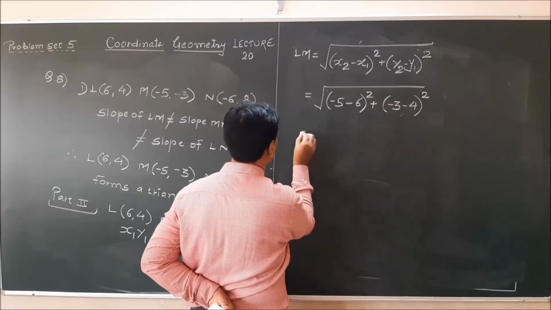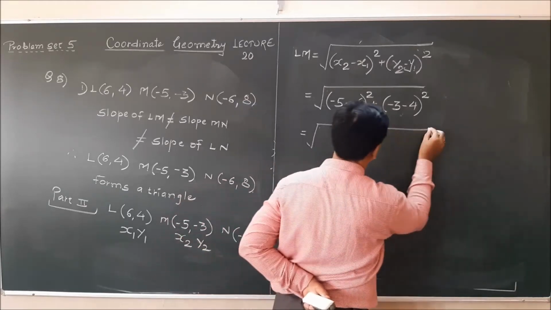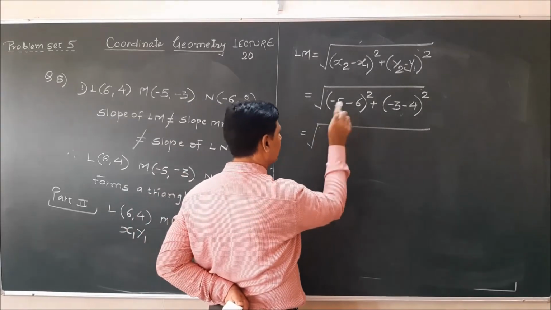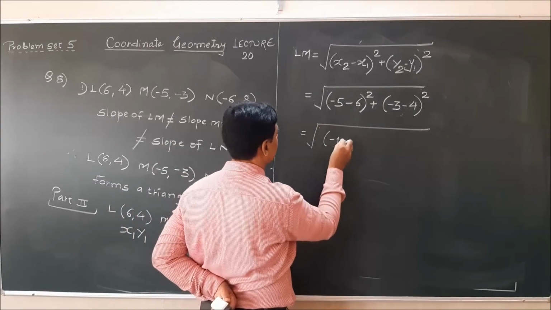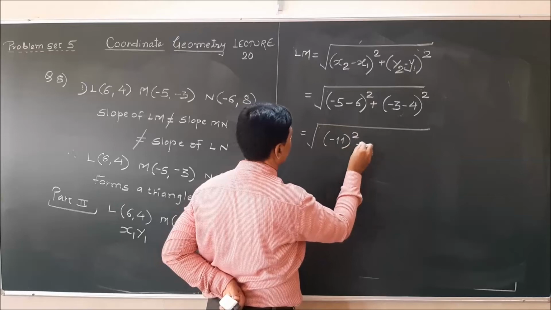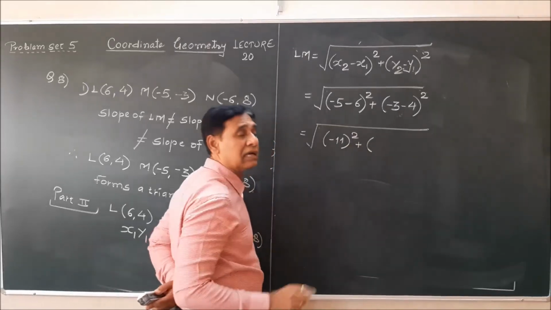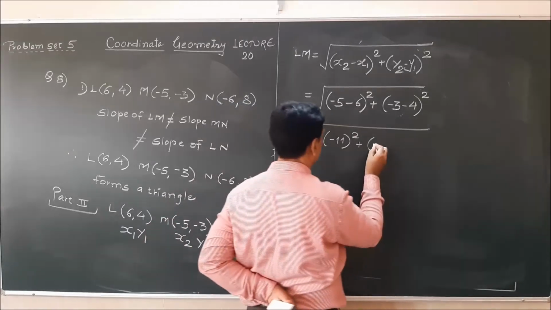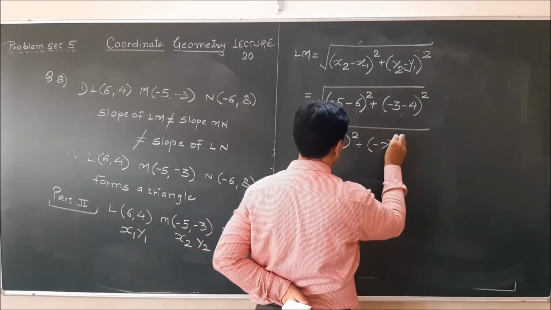That is equal to root of minus 5 minus 6, that is minus 11, the whole square, plus minus 3 minus 4, minus 7, the whole square.